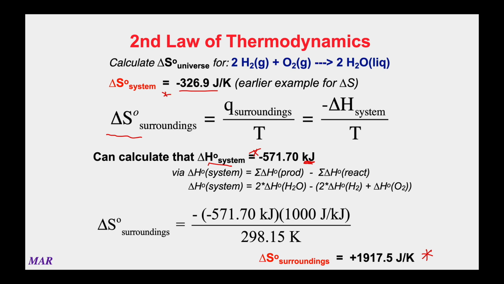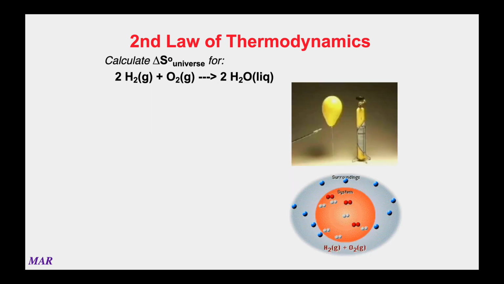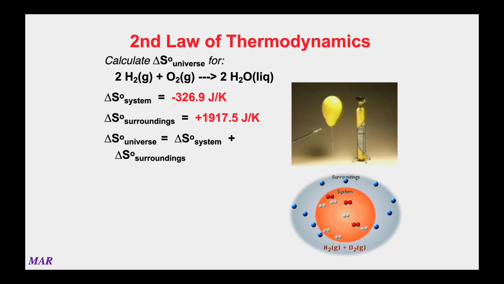We have a negative 326.9 delta S of the system. So we've got all the pieces now that we need to calculate the delta S of the universe for this reaction. And again, on that last slide, delta S of the system, negative 326.9 joules per Kelvin. Delta S of the surroundings, positive 1917.5 joules per Kelvin.